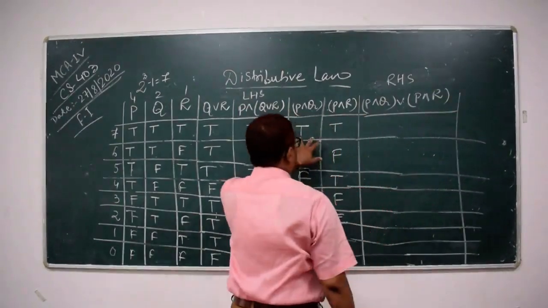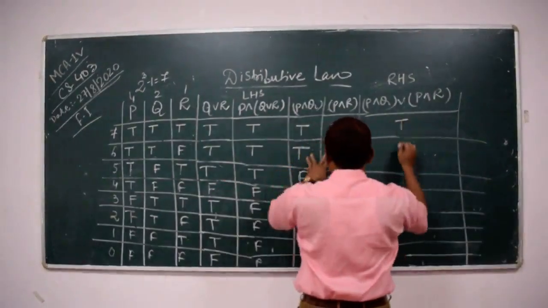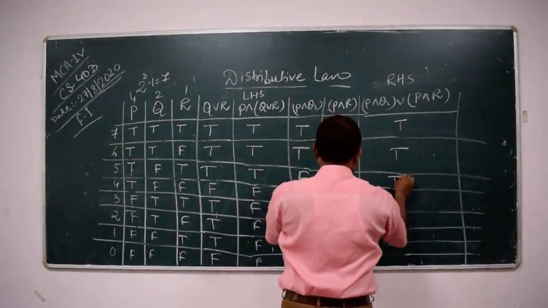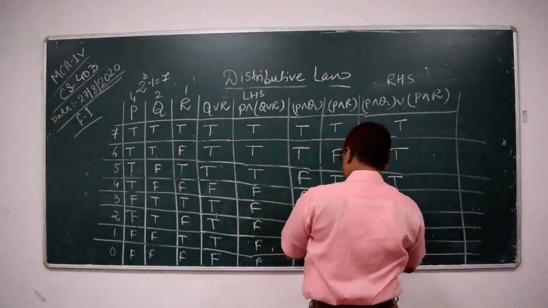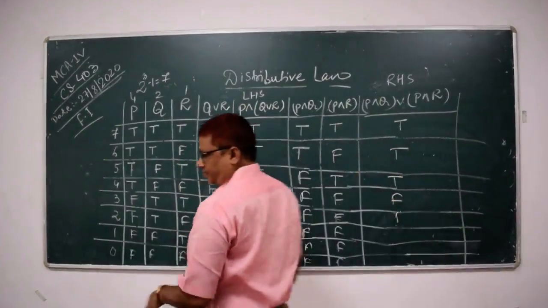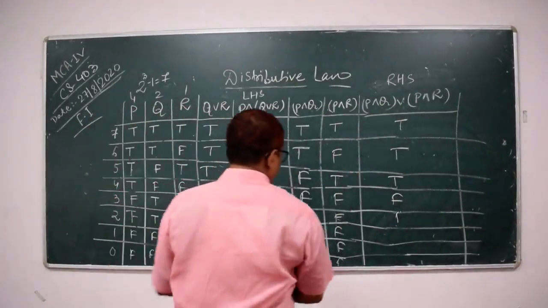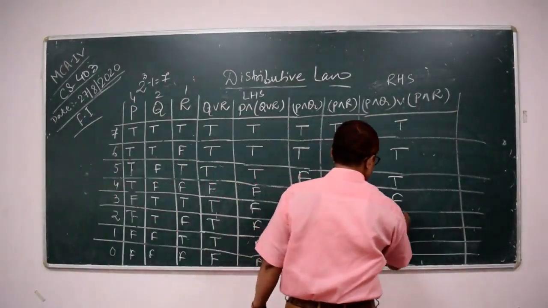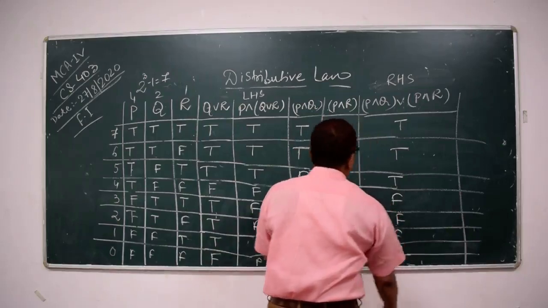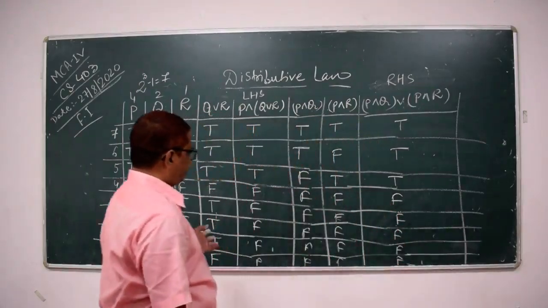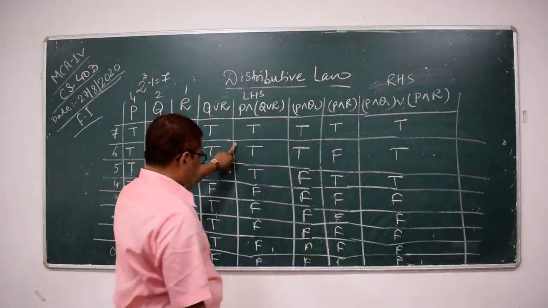Now to add T and T, T, T, T, F, F, F, F, F. Now to check, left hand side is equal to right hand side.